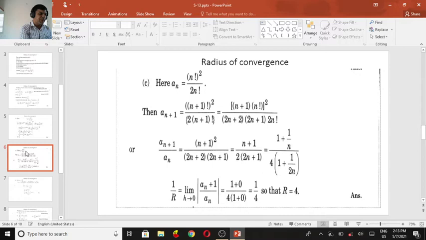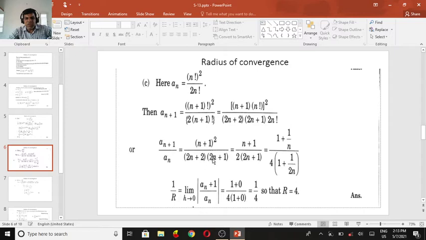a_(n+1) divided by a_n is equal to (n+1) whole squared divided by (2n+2) into (2n+1), which is equal to (n+1) divided by 2 into (2n+1). Here some terms get cancelled. Here in (n+1) whole squared, I take 2 as common in the denominator, (2n+2) becomes 2 times (n+1), and (2n+1) as it is.